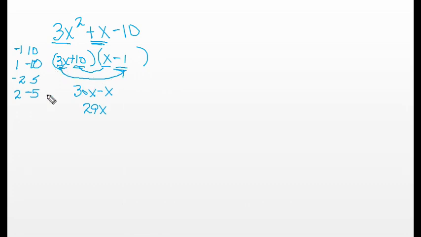Well, now I end up with negative 3x and positive 10x. And still, when I simplify those or combine them, I end up with 7x. So these don't work. This pair right here will not work.